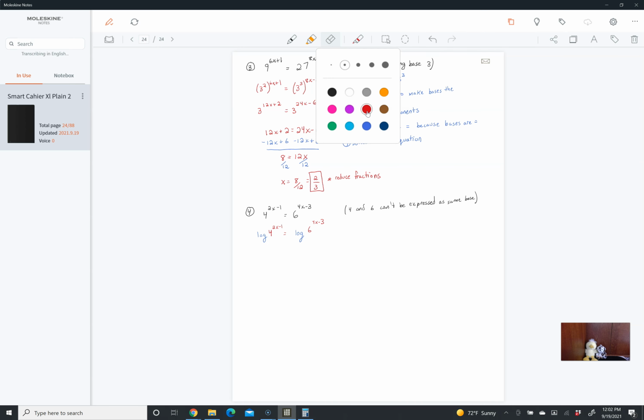We move the exponents out to the front, put it in parentheses. 2x minus 1 log of 4 is equal to 4x minus 3 log of 6. Then we divide both sides by one of the logs. So it doesn't matter which side you do. You'll get the same answer in the end. It's just that the next step will have slightly different numbers. But when you solve everything, you'll get the same answer.